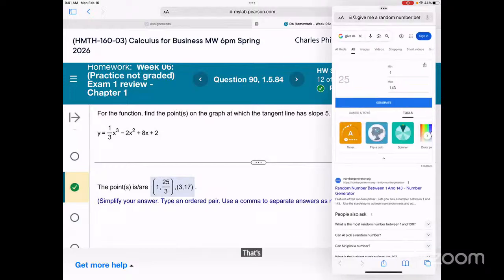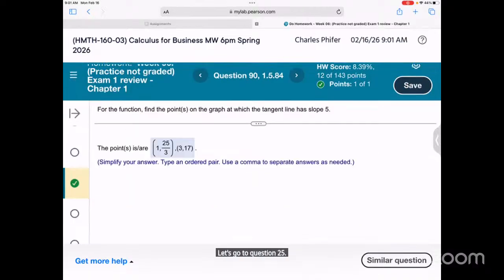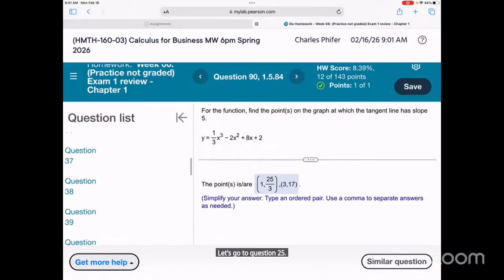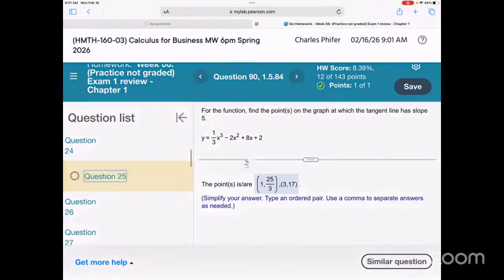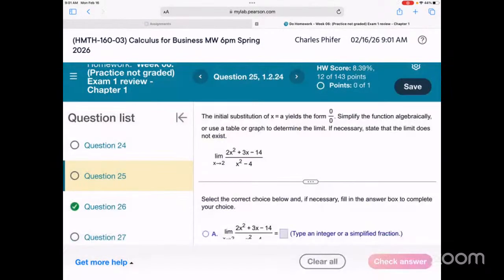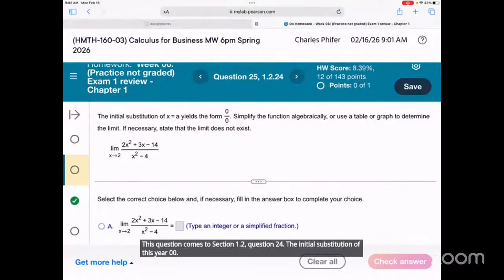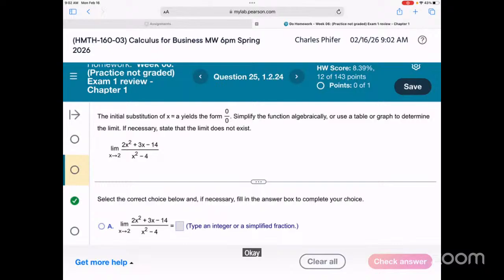Let's go to question 25. This question comes from section 1.2, question 24. The initial substitution of this is 0 over 0. So it looks like we need to factor this. I kind of need to write this one out.